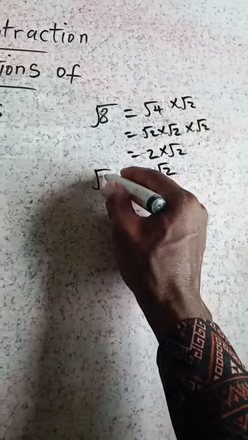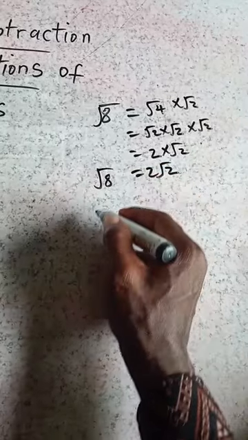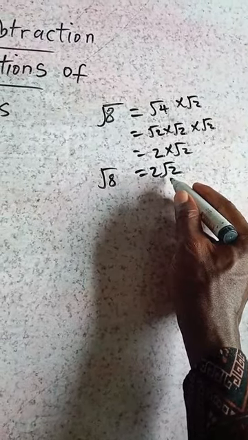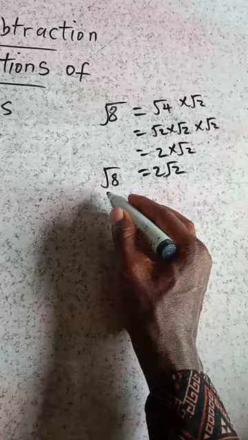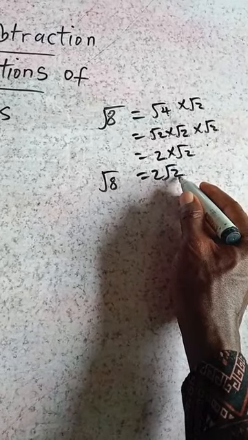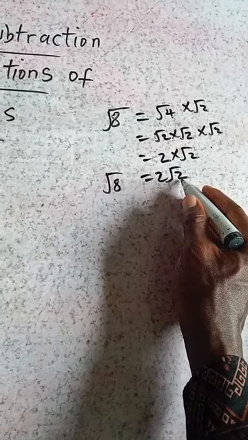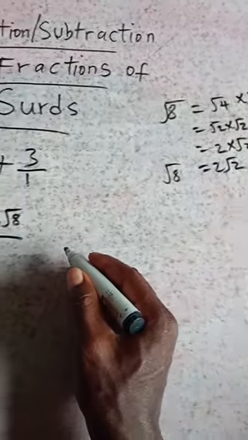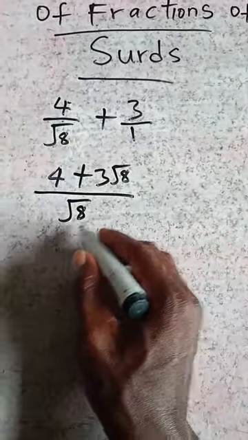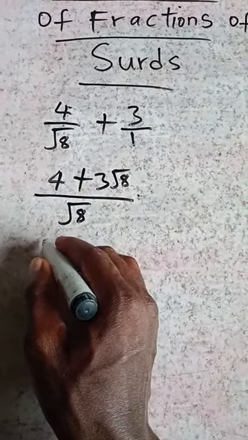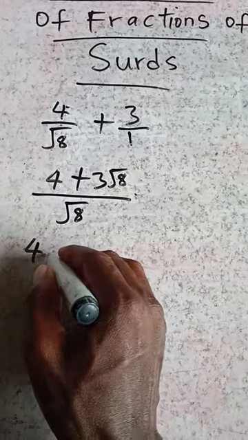So root 8 is 2 root 2. Anywhere we see root 8, this is the simplest form of it. So we are going to substitute it into this expression: anywhere we see root 8, we say 2 root 2.